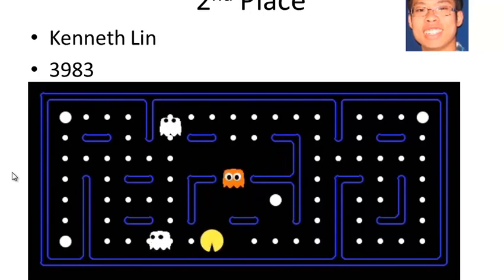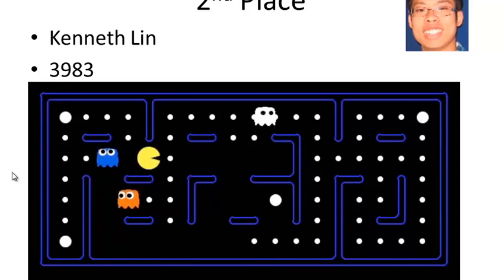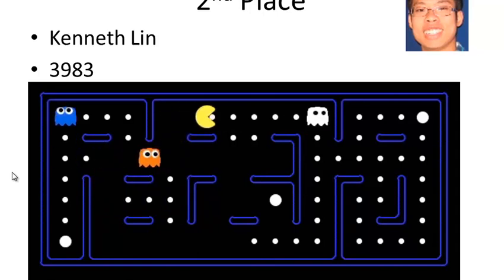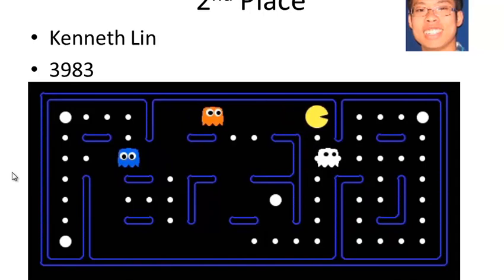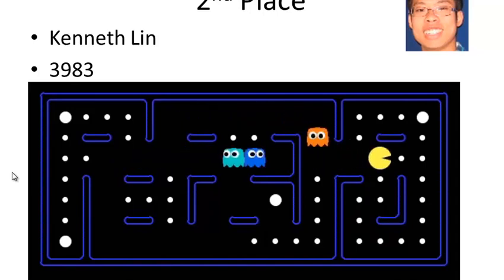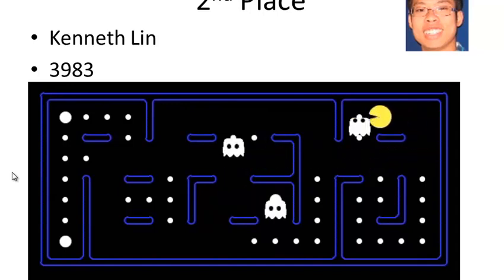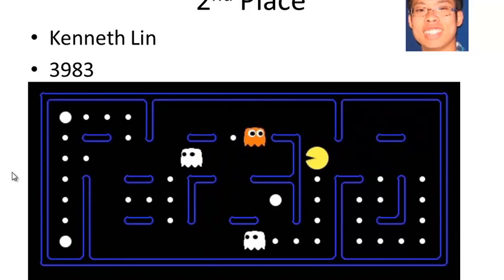Knows exactly how the game works. The power pellet gets eaten before the ghost can eat you. That's PowerPoint that makes it go a little step by step here.